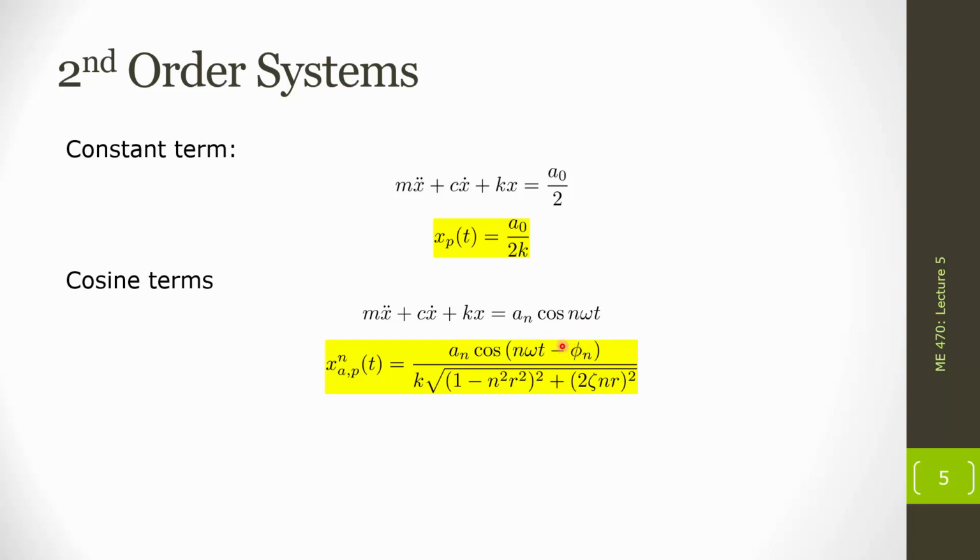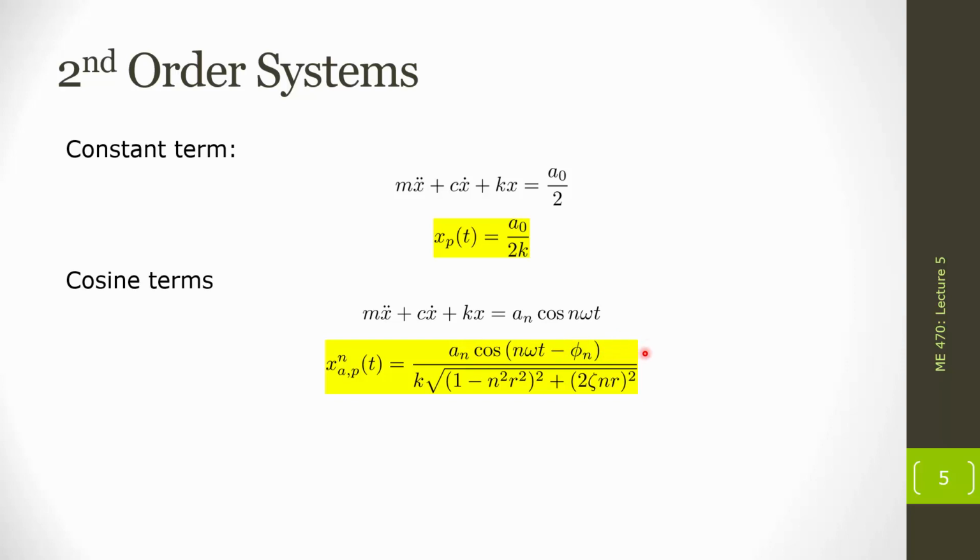Again, I won't go through all the details, but if we put an assumed solution into that left-hand side and equate them, this is the expression we get for the nth piece of our particular solution for the nth cosine term. For the nth term, it will use the coefficient that we found from the Fourier series. It'll have the cosine term, but now we have a phase, this phi sub n. We'll look at that on the next slide.